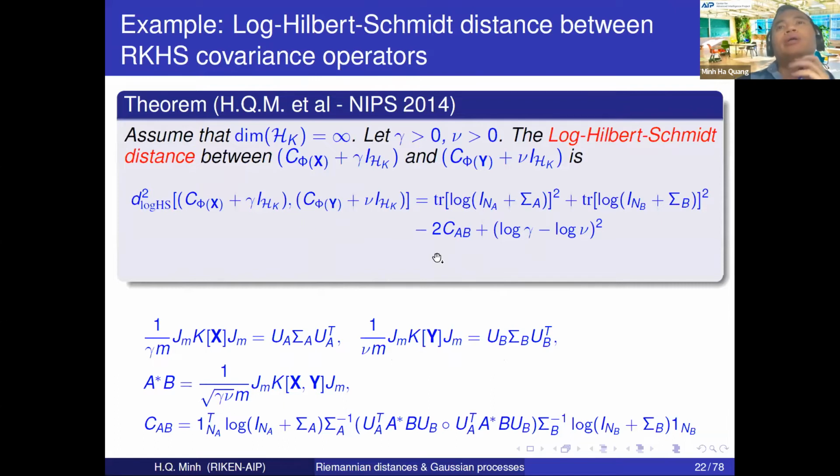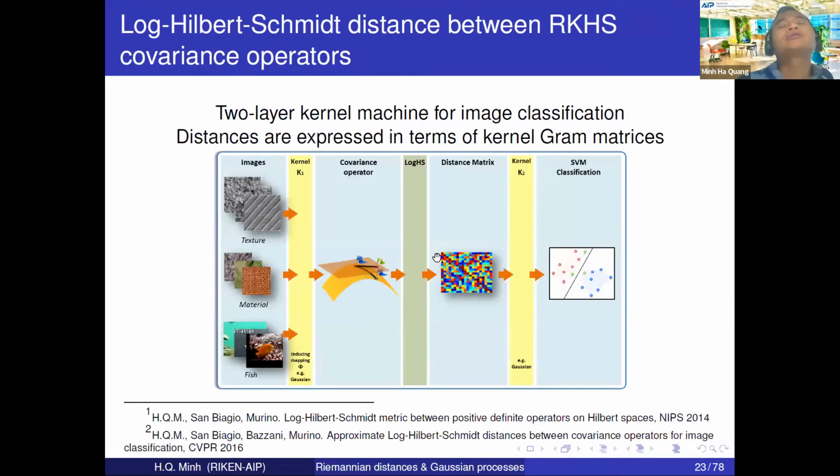Everything can be computed in closed form, and this has actually been applied in computer vision. For example, a two-layer kernel machine for image classification. Here we start with the images and extract features, and we apply the kernel K1 on top of the features.